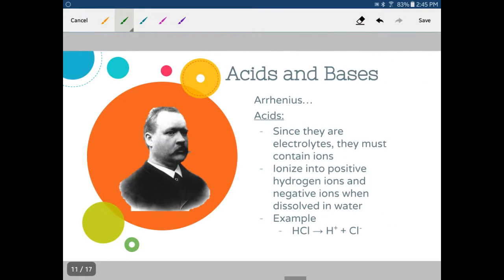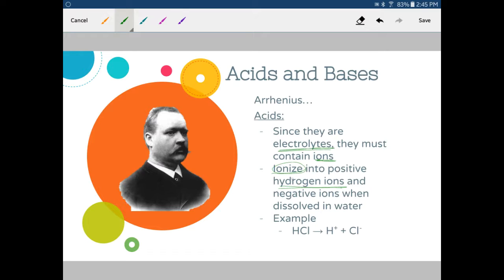Now he also said that acids, since they're electrolytes, because they conduct electricity, must have some sort of ions present. They ionize, notice the difference in terminology here, into a positive hydrogen ion and a negative ion when dissolved in water. So again, we have our example with hydrochloric acid dissolving into hydrogen ions and chloride ions.